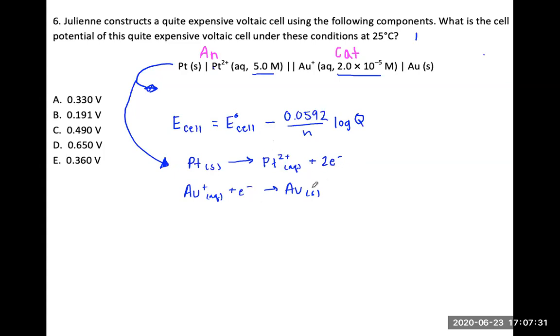And so right now we're not balanced. We have 2 electrons being given off, but only 1 electron accepted. And so we're going to have to multiply this bottom half reaction by 2. And now we can see that our electrons would cancel when we combine our half reactions, which is always the goal.